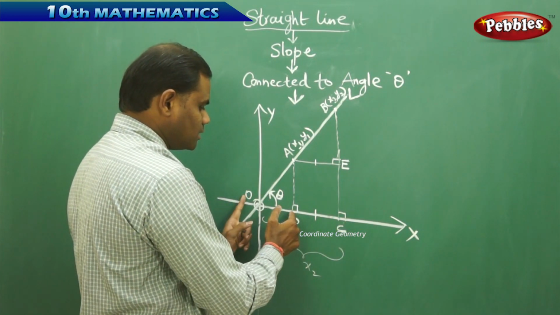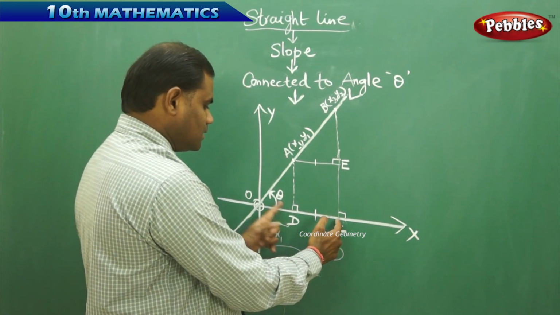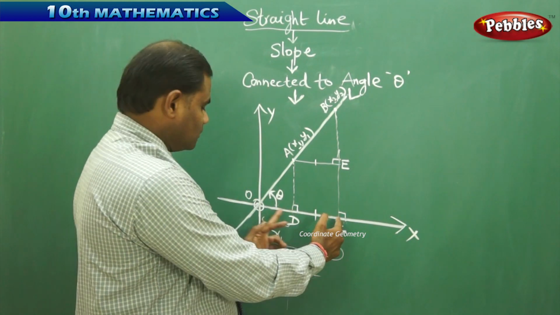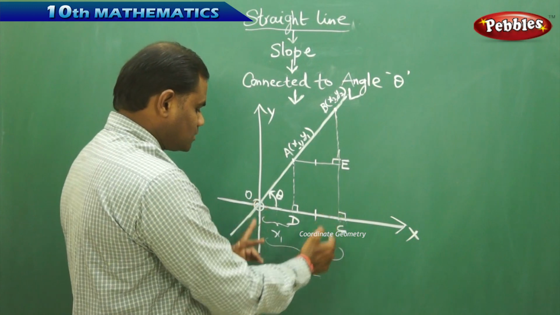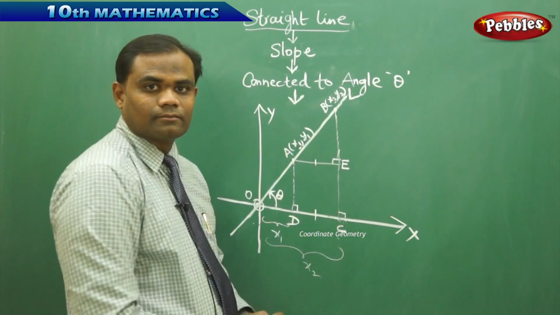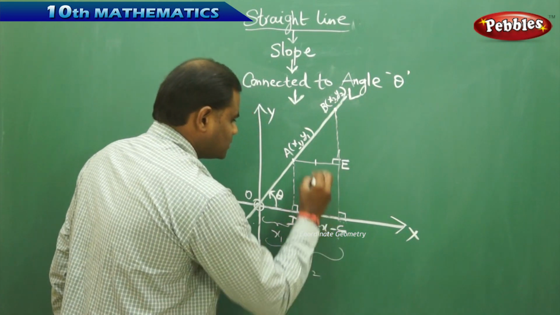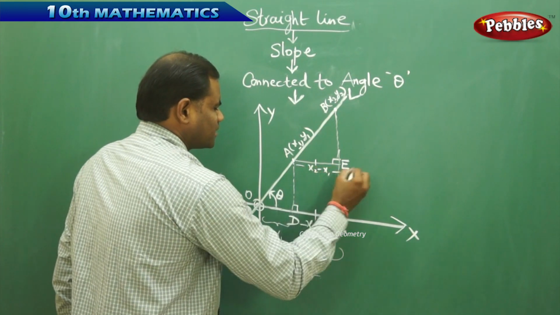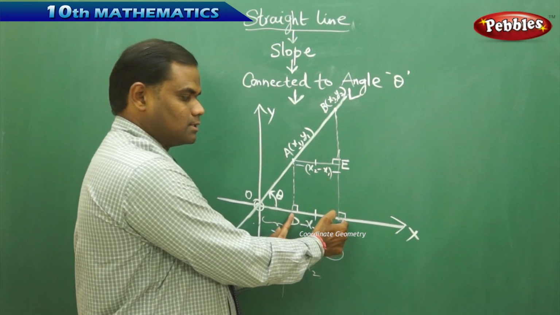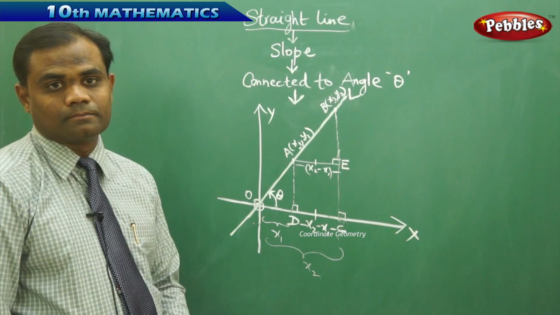OC minus OD gives me DC, as I clearly see here. Therefore, OC being x2, x2 minus x1 is DC, which is equal to AE. This is how we understand geometrically this part.